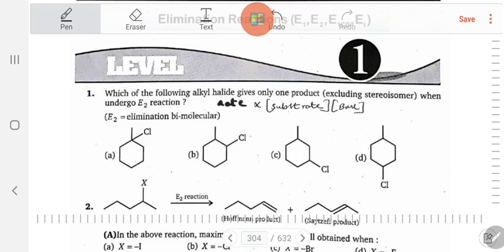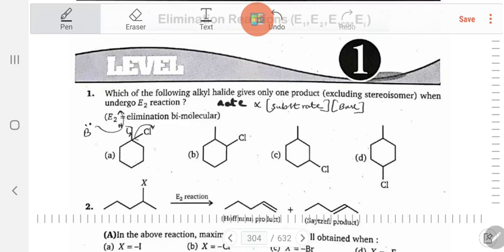So it is a second order reaction. Now, in E2 elimination, the base approaches the acidic hydrogen, then this bond will be shifted here and this chlorine goes out.